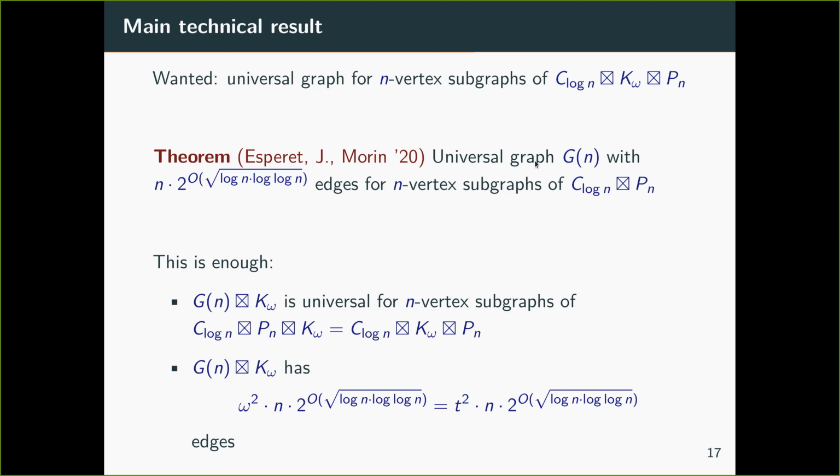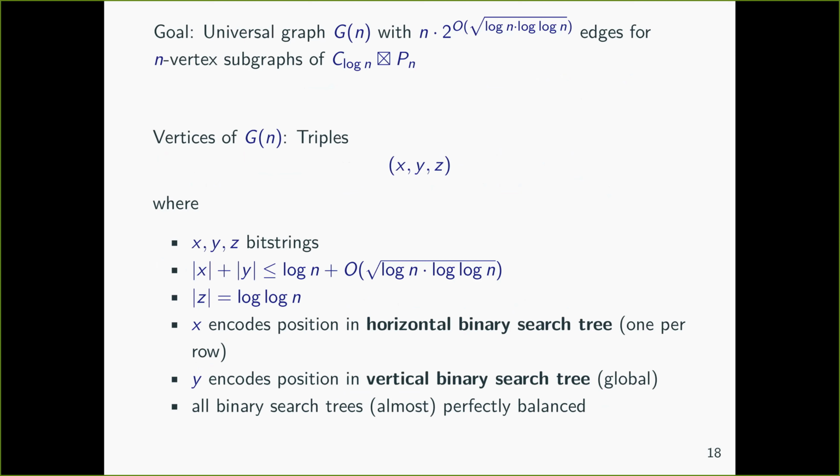And that's where the proof really starts in earnest. Everything up to now was some preliminary cleaning, and now we are really going to use the product structure heavily, and we are going to use lots of tricks that are inspired by data structures, and in particular we are going to use balanced binary search trees.